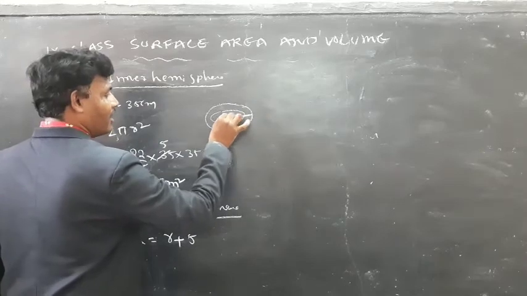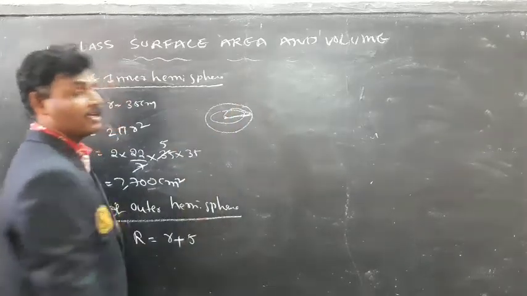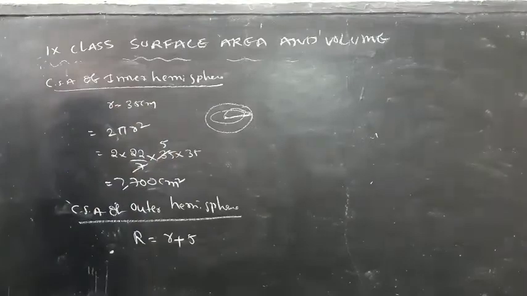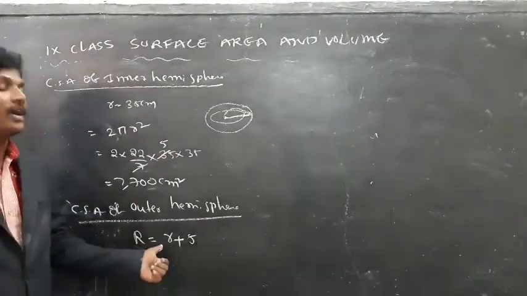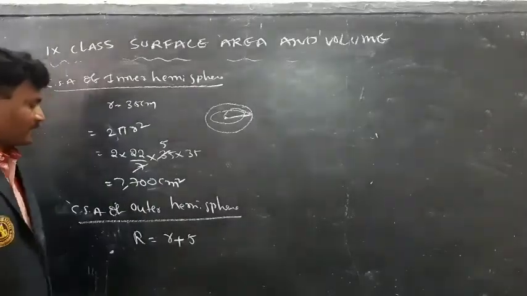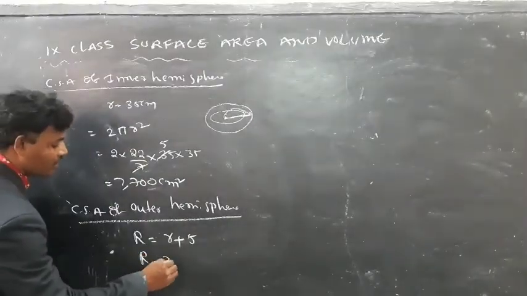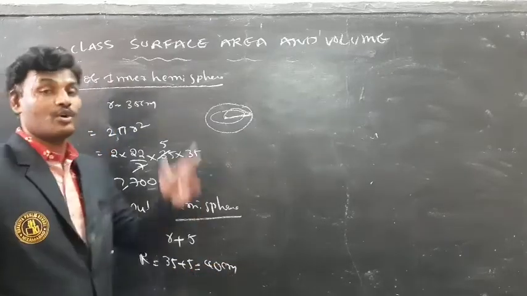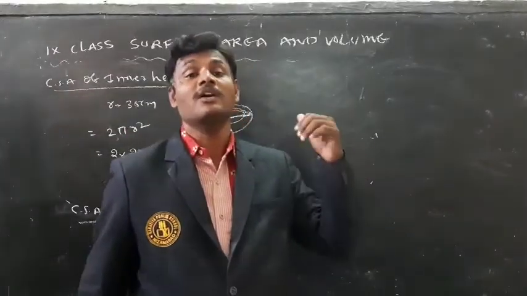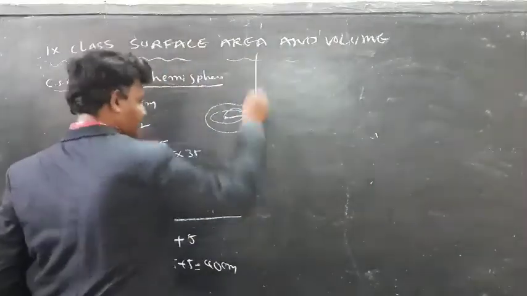So by adding inner radius and thickness, you will get the radius of the outer hemisphere. R is equal to 35 plus 5 is equal to how much? 40 centimeters. So the radius of the outer hemisphere is 40 centimeters.